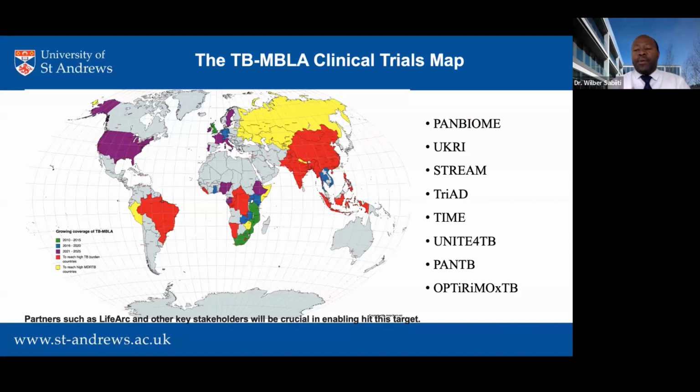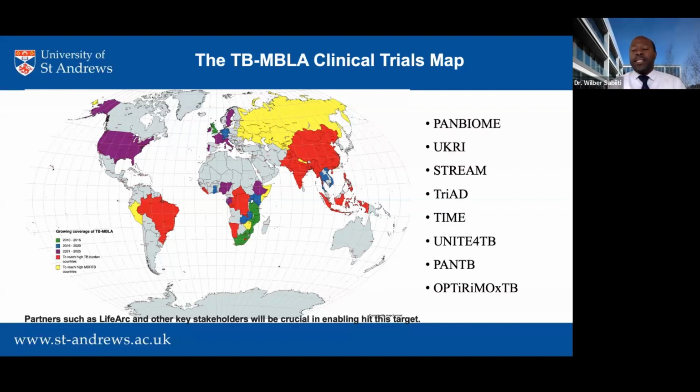So, as I said before, MBLA is still a research use kit, and it's being applied widely in a number of clinical trials. The ones that are now ongoing are the Triad Consortium, then the TIME trial, the Unite for TB trial, the PAN-TB, which is in the US, Latin America, and some parts of Asia, and the OptiRemox, that is in Africa.